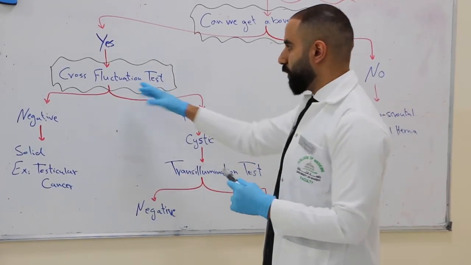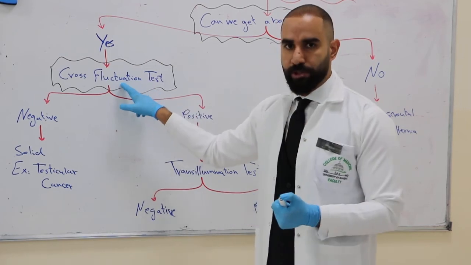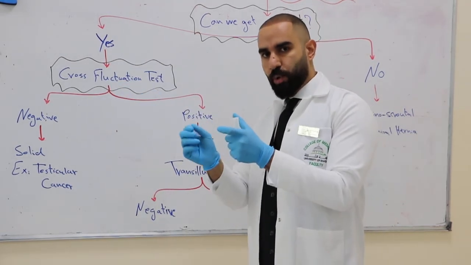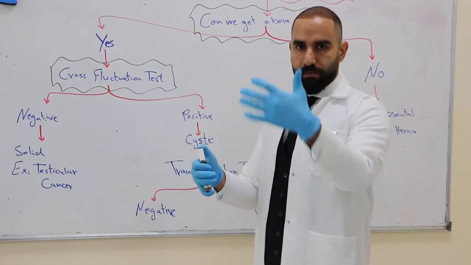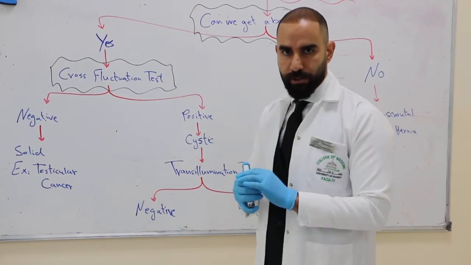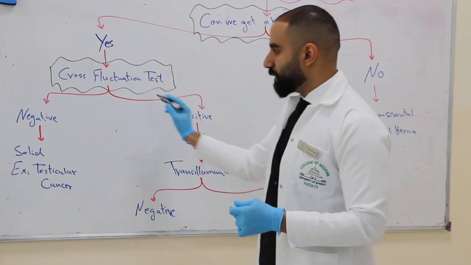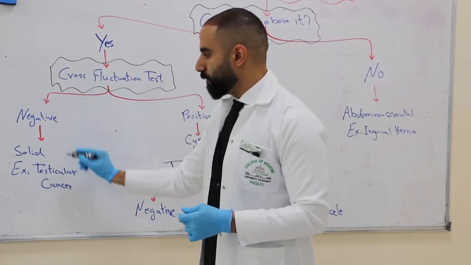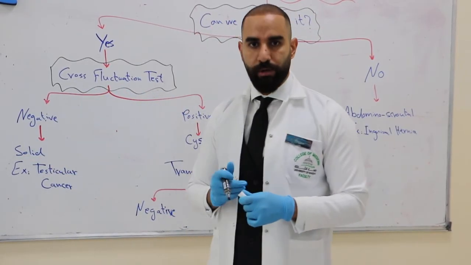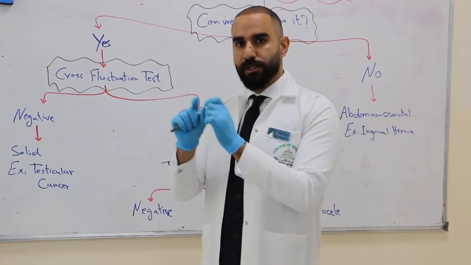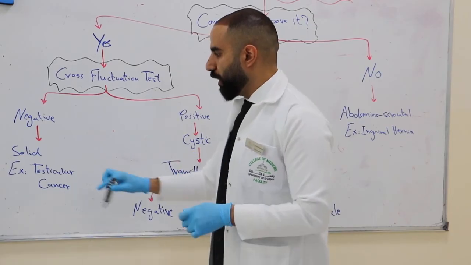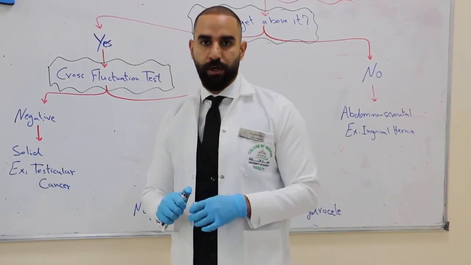Now, if it's cystic, then this test will be positive, meaning that if you press on one side of the swelling, you will have a wave transmission on the other side. And if it's negative, then this means that this is a solid swelling, okay? Because it doesn't cross fluctuate. So actually this is a solid type of swelling, and most likely this could be a testicular cancer or some other pathologies.